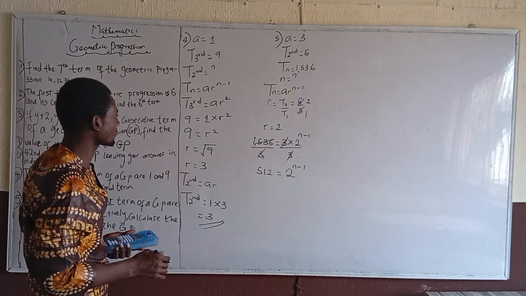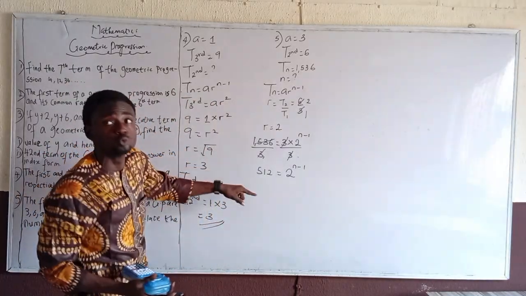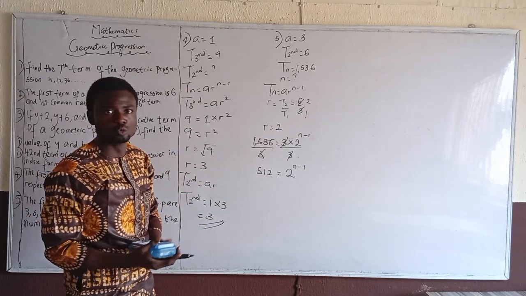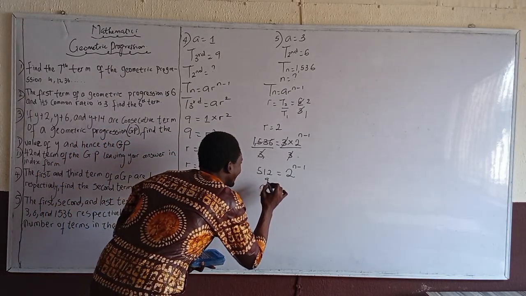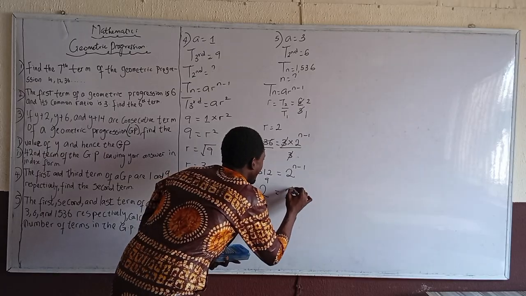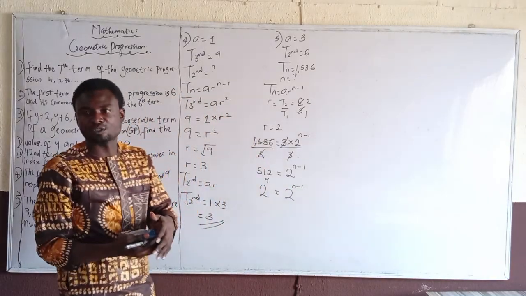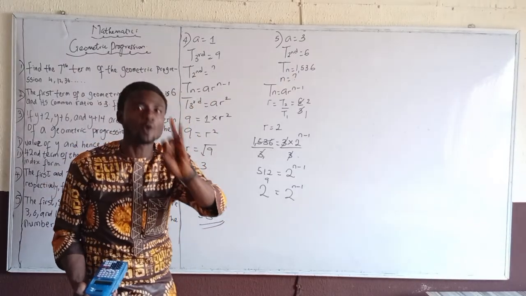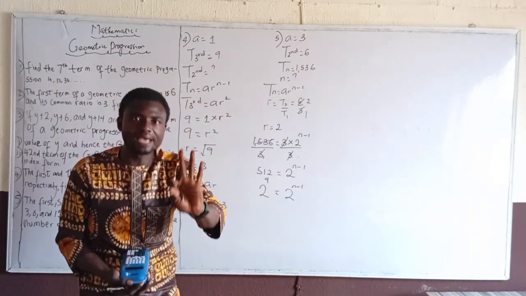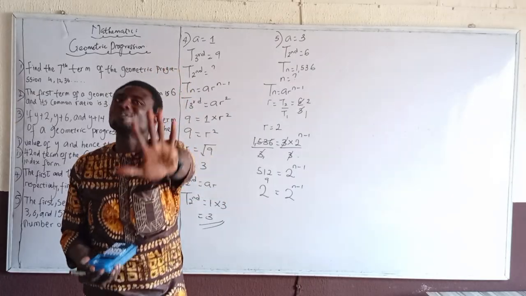Now from here, since here is 2, that means I will raise 512 to a base of 2. Now 512 is 2 raised to 9 equals 2 raised to n minus 1, which means that when you multiply 2 nine times, you get 512. 2 times 2, 4, times 2, 8, times 2, 16, times 2, 32.